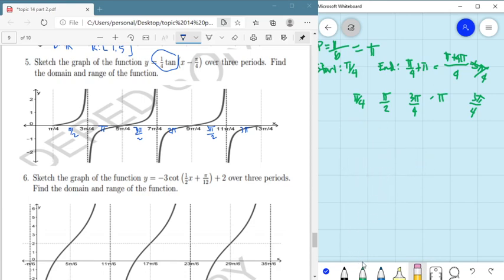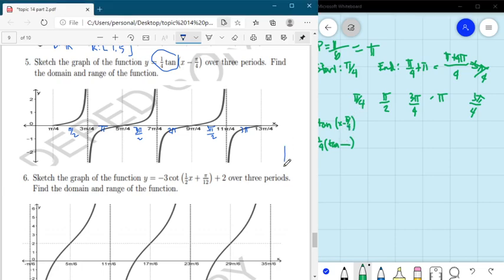Now we will find the values. First, we take the tangent of x minus pi over 4. Tangent of pi over 4 minus pi over 4 is 0.